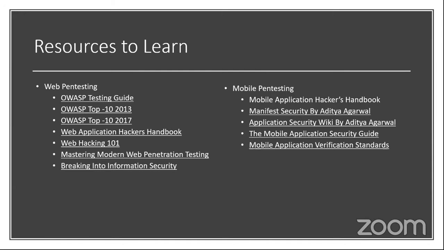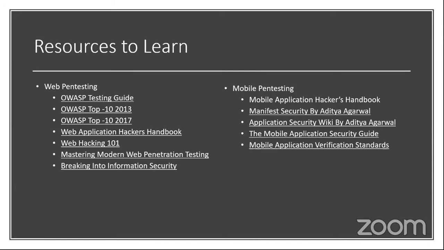But if you start reading the OWASP Testing Guide and suddenly move to OWASP 2017, it will create confusion for you, because you don't know what was in OWASP 2013. Why did they make 2017?